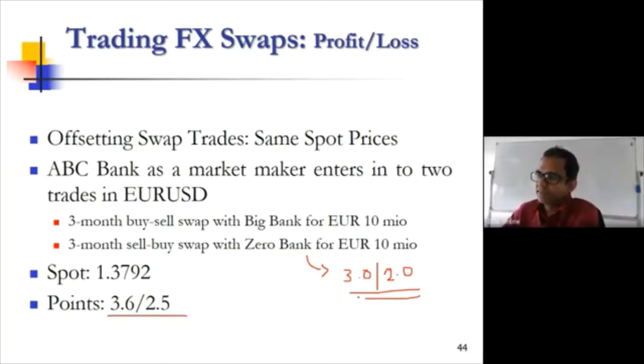Okay, try this. In the first transaction, 3 months buy-sell swap with the bank euro, what is the applicable rate? Minus 2.5. But in this, if these are the market quotes, the applicable rate is minus 3.